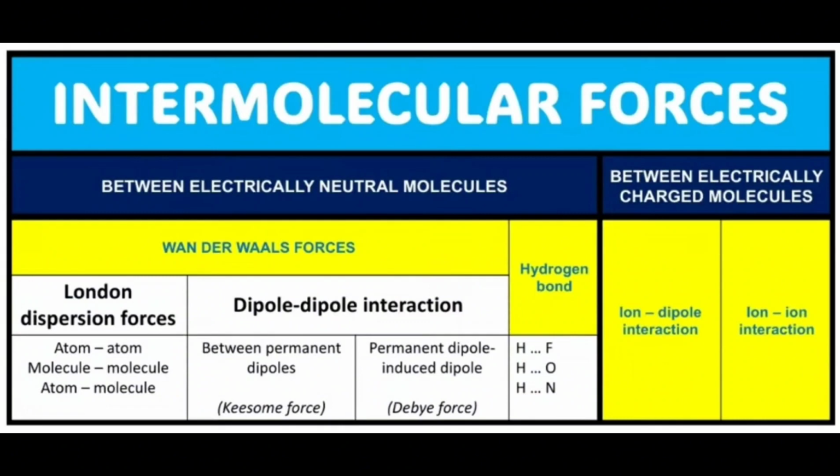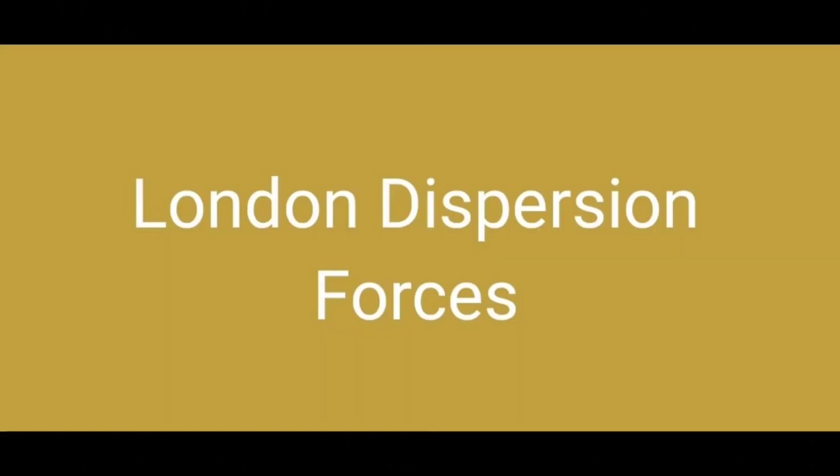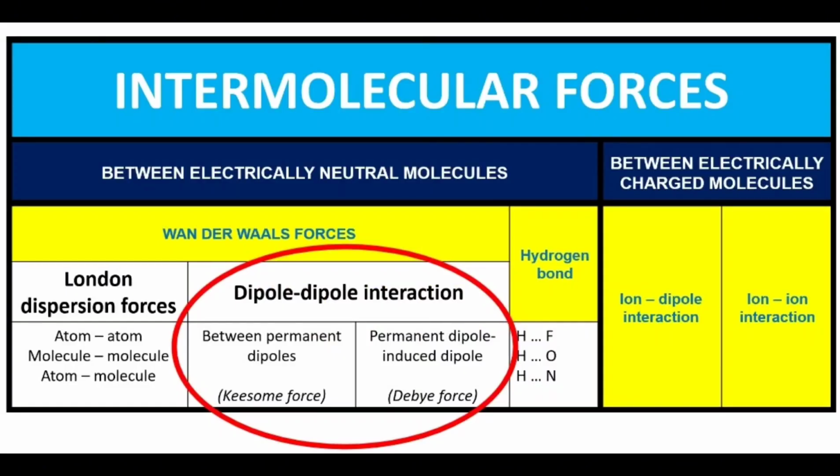Van der Waals forces can be divided into London dispersion forces and dipole-dipole interaction. Last time we discussed London dispersion forces, and today we will discuss dipole-dipole interaction, which itself can be divided into two types, Keesom force and the Debye force.